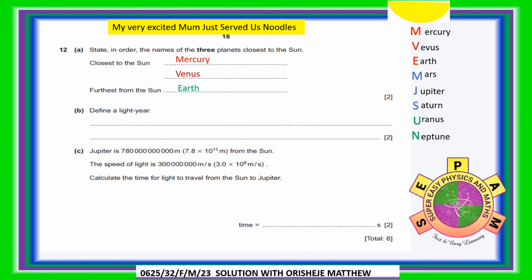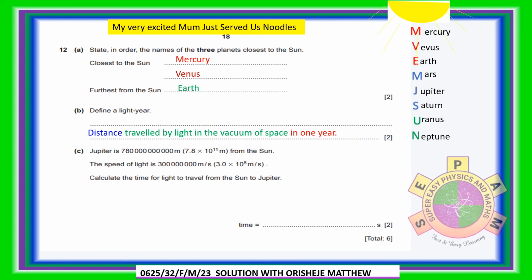Now define a light year. The distance traveled by light in vacuum in 1 year. Jupiter is 780,000 million meters away from the sun.